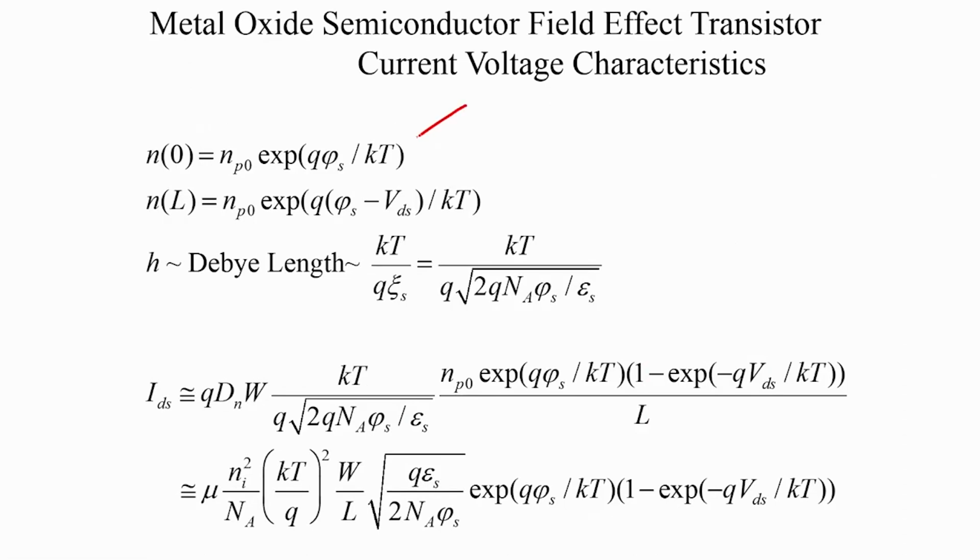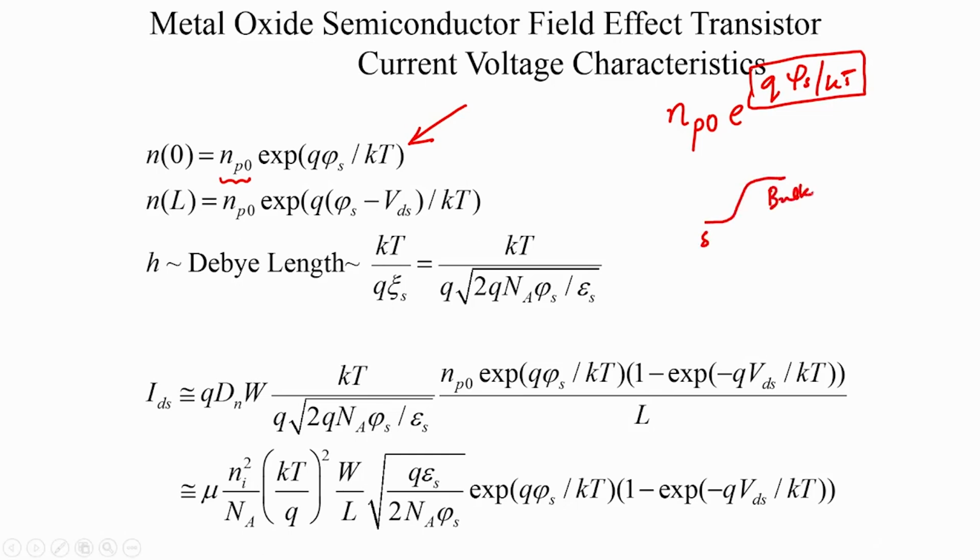So near the source side, this is the expected carrier concentration. You have NPO, which is the number of electrons in the p type bulk at equilibrium, into e to the power q phi s by kT, which is like the forward bias voltage applied to your source and bulk diode. And at any other region, n of y is NPO e to the power q phi s minus Vc of kT.